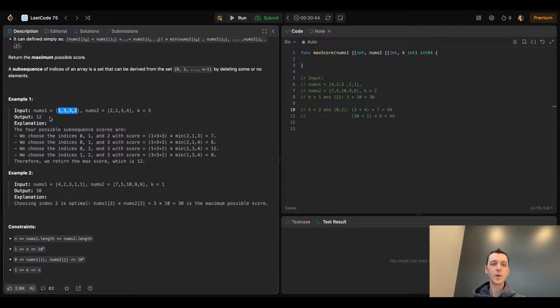So basically, we will need to recalculate the score k times. Like we found one score here, then we'll go over the rest, finding the second score and recalculating the score every time on every step.